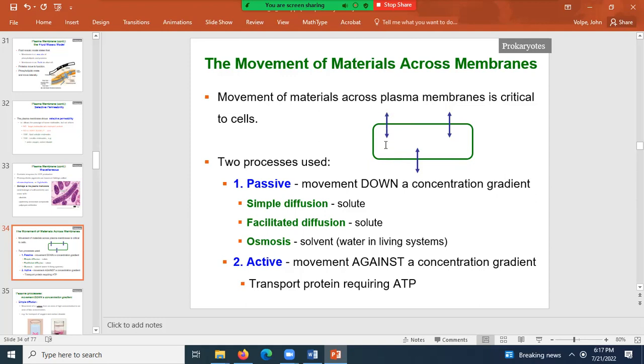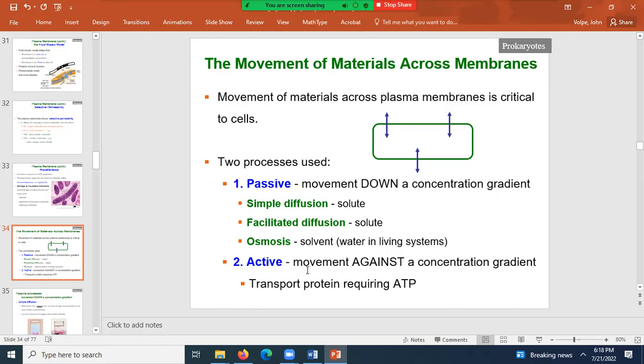There are also active processes where a molecule can be moved into the cell against its concentration gradient. And how the cell does that, it will use a transport protein to move a molecule from outside the cell to inside the cell. And if it's an active movement, that means it's moving against its concentration gradient.